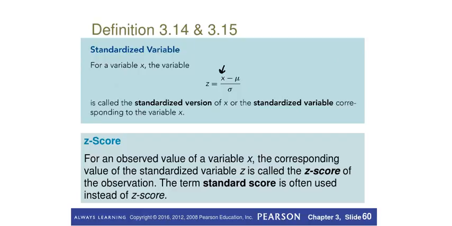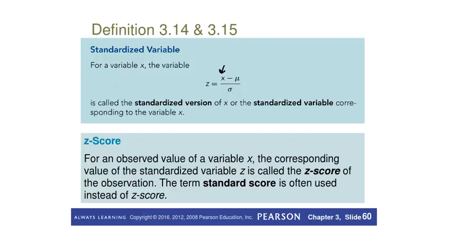This allows us to compare two completely different populations in terms of the population that the data is being taken from. So this is actually a very handy thing for us, right? Another way of looking at this is that the Z-score tells us how far away any one single piece of data is from the mean in terms of the standard deviation. In other words, we can say how many standard deviations away from the mean is that piece of that variable.